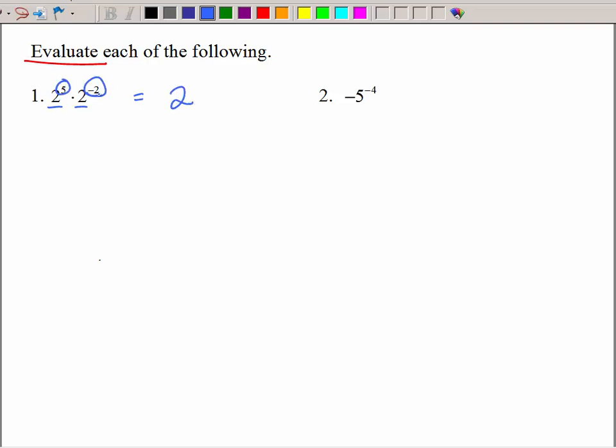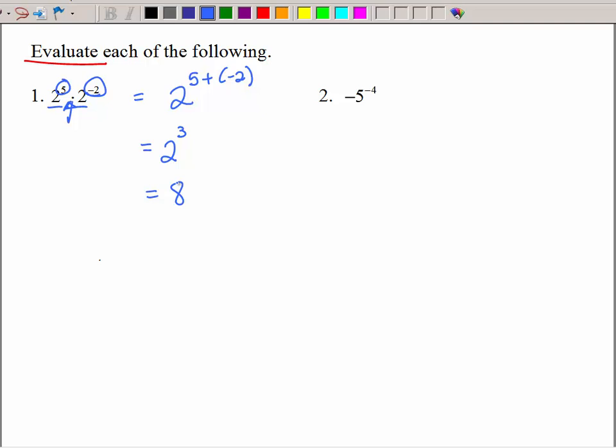And what do we do with those exponents if we're multiplying the same base? We would add them. So that's 5 plus a negative 2. So that's 2 to the 3rd power, which means 2 times 2 times 2, which is 8. So notice I did not take the reciprocal. I went ahead and just used my rules of keep the same base and add the exponents.